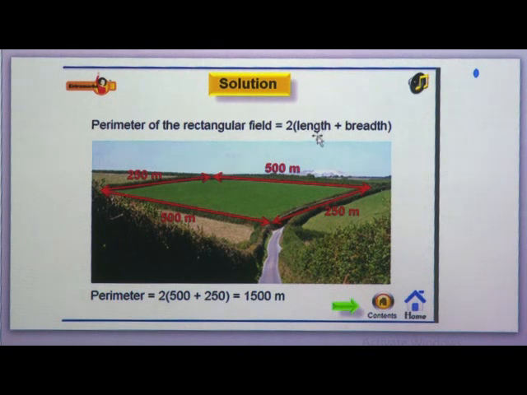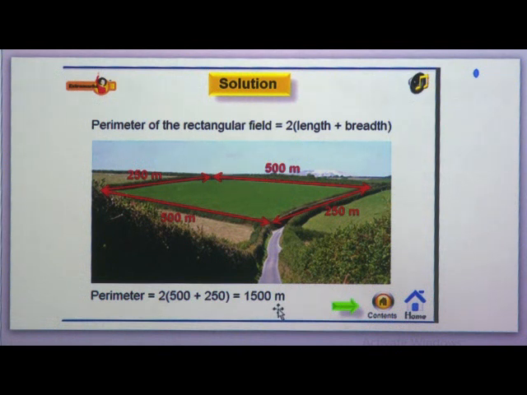Now, you have to substitute the value of length as well as the value of breadth. So, the perimeter is equal to 2 inside the bracket 500 plus 250, which is equal to 1500 meter. The unit will be only meter.